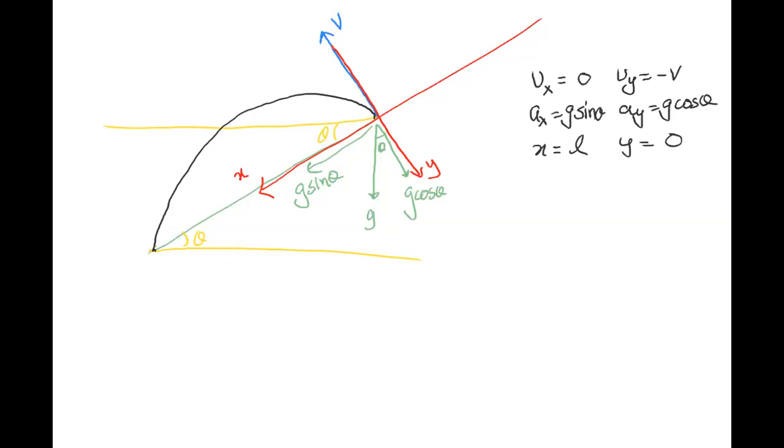Right? So I will get L is equal to half g sine theta t square, and I will get 0 is equal to minus Vt plus half g cosine theta t square.